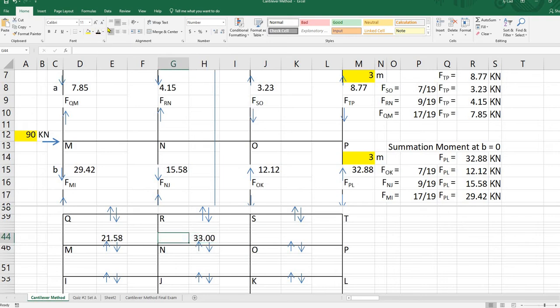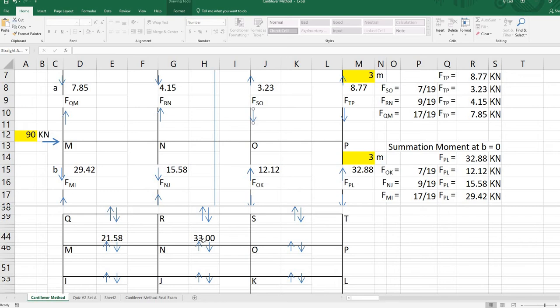Yan. Okay? Next, dito tayo ngayon sa OP. Ang i-add natin ngayon would be yung 3.23. Okay? And this time, this is directed downwards. Or this is compression force acting at node O. Ayan. Tapos, itong 12.12 compression again, it is acting upwards, kaya plus.